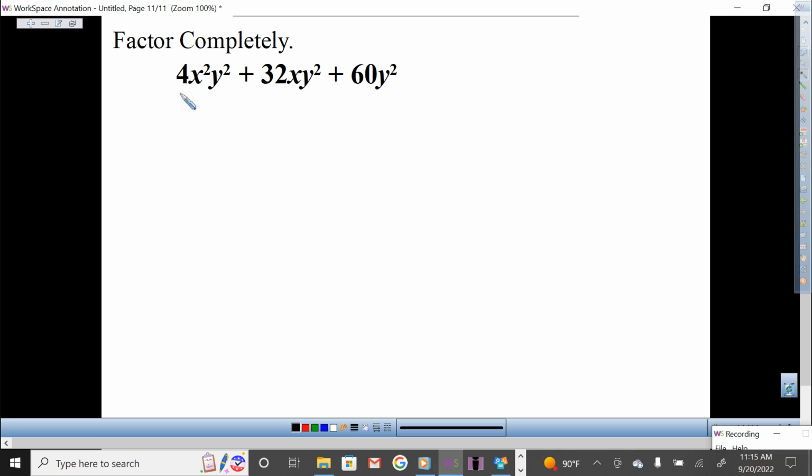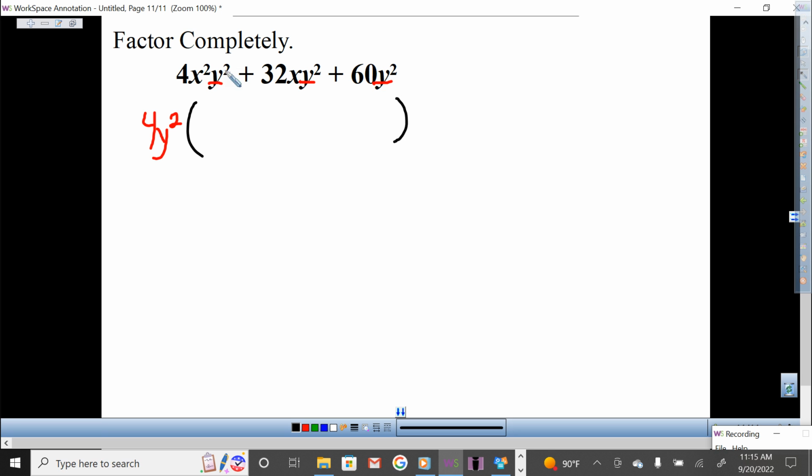GCF. What number divides 4 that divides 32 that divides 60? 4. What else does each of the terms have in common? The y squared. All of them have a y squared, so I'm going to bring that out with the GCF. All right, let's see what we have left.